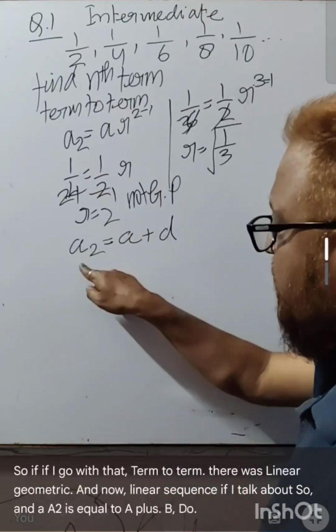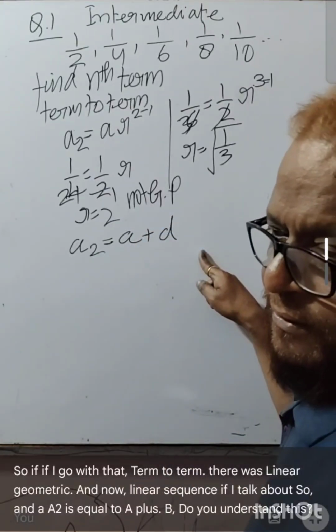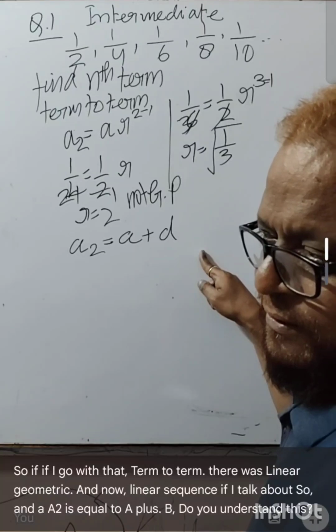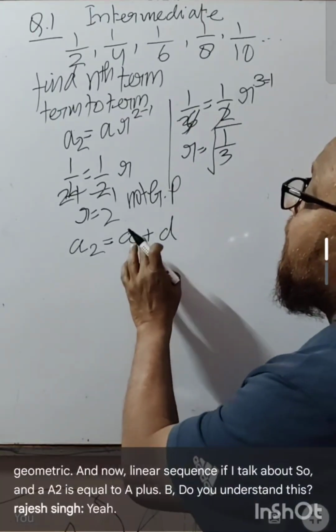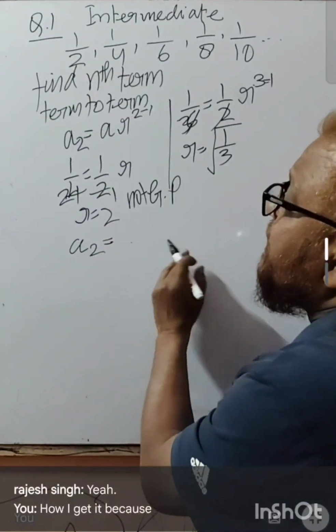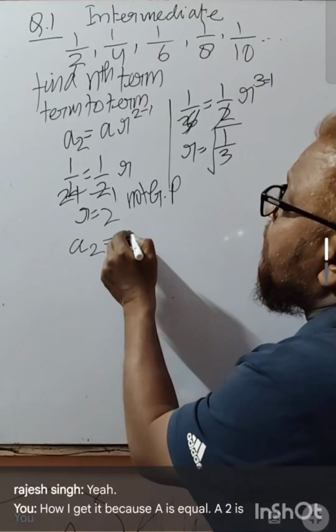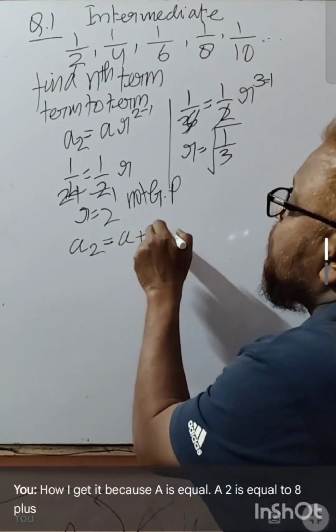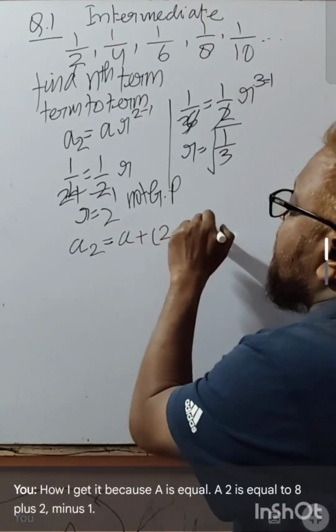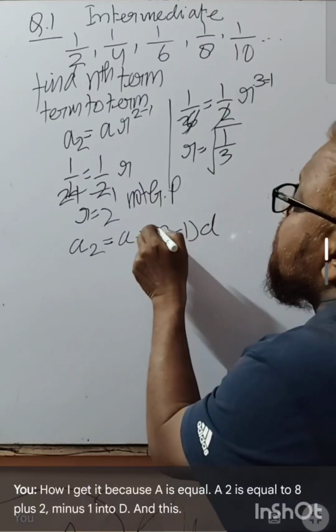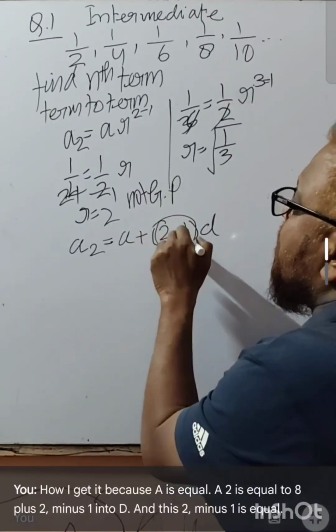Do you understand this? How do I get it? Because a2 is equal to a plus (2 minus 1) into d.